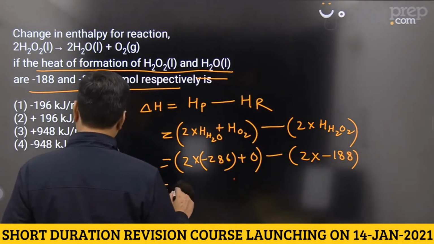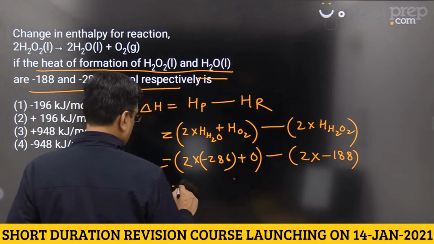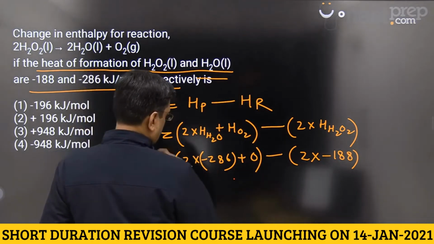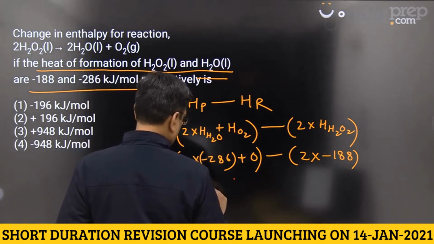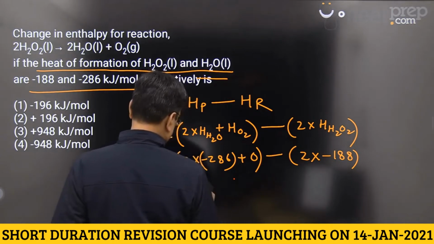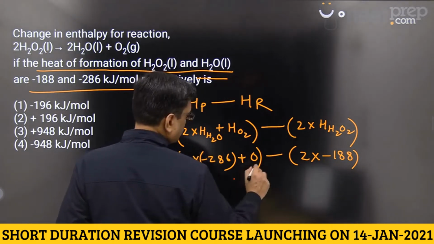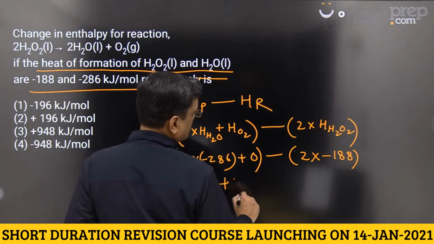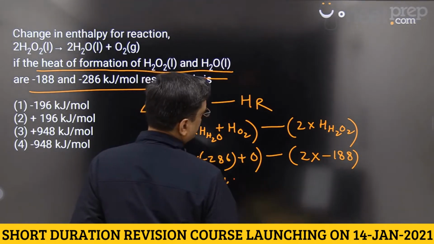So what will it be? minus 572, good, minus minus plus, and this is 376.